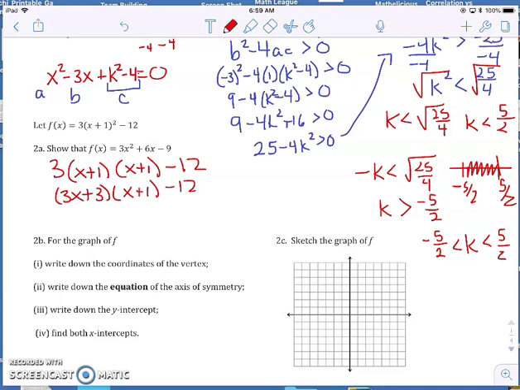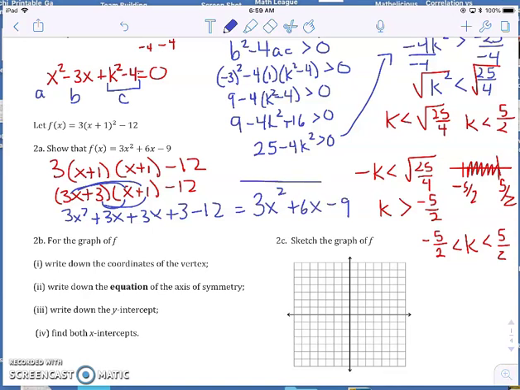So we keep distributing here. We have 3x squared plus 3x plus 3x plus 3 minus 12. And so that equals 3x squared plus 6x minus 9.